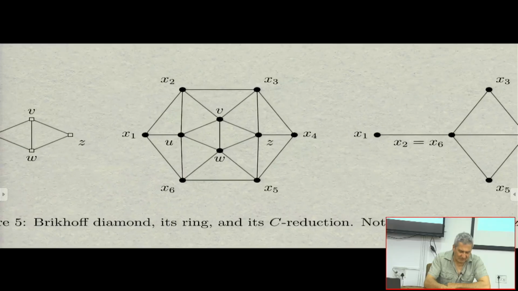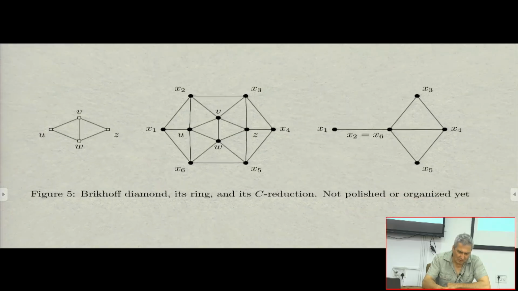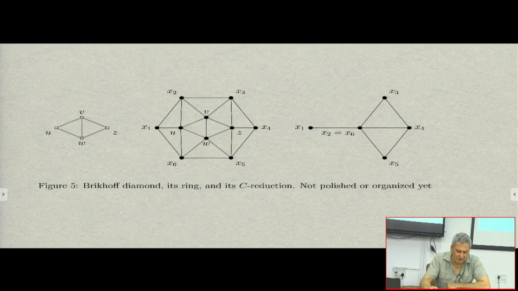This is the diamond. Look what he's doing. He does this reduction. Look here. He actually identifies x2 and x6. He identified these two, and then removes this, doesn't care for them.